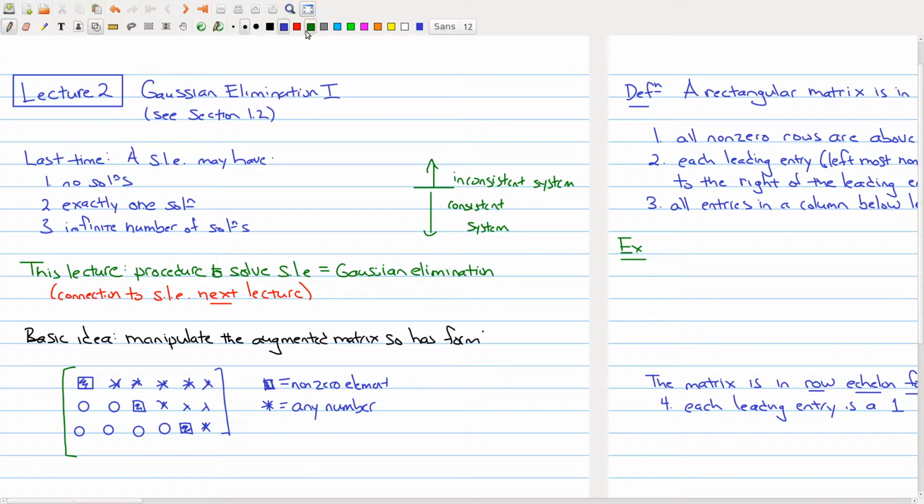So if you look at this, what we have is a staircase of zeros in the bottom left-hand corner. So what we're going to be doing is describing a procedure that allows us to start with any matrix and put it into this particular form, so that in the bottom left-hand corner, we're going to have a bunch of zeros, and we will have certain entries of our matrix being non-zero.